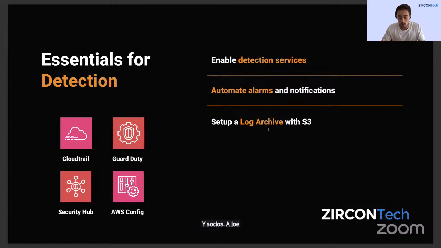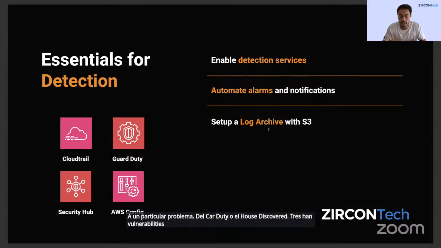For example, CloudTrail keeps a record of every action within our account that is made by people or services. So this is a good place to have a first look at what's going on when we need to troubleshoot a particular problem. Then GuardDuty and Security Hub will help us discover threats and vulnerabilities across our fleet.